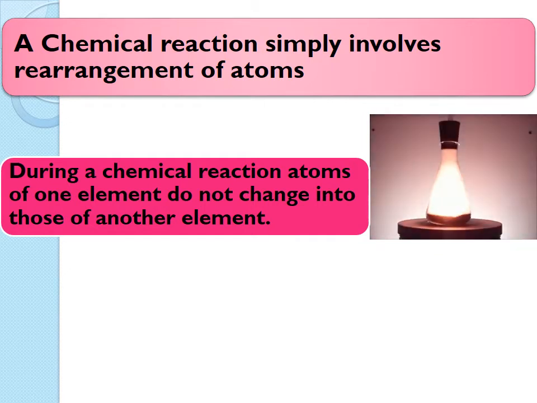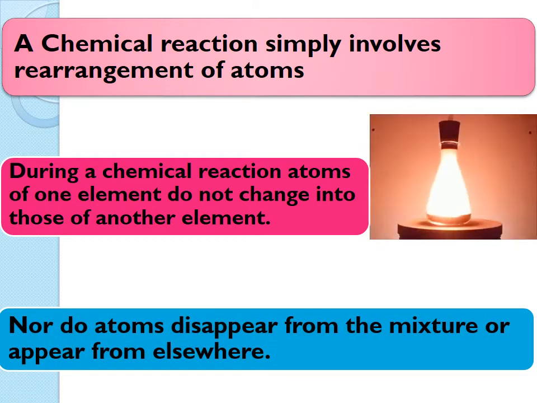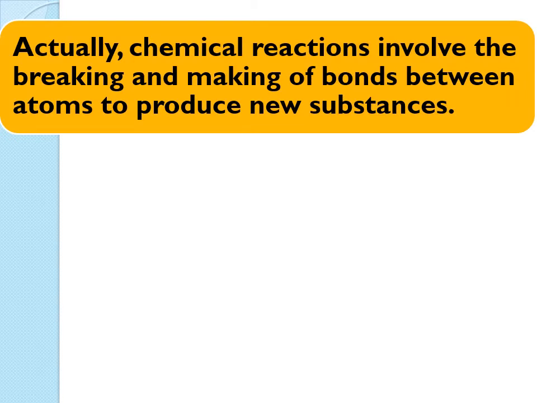Like if it was magnesium earlier, it will be magnesium afterwards. Nor do atoms disappear from the mixture or appear from elsewhere. Actually, chemical reactions involve the breaking and making of bonds between atoms to produce new substances.